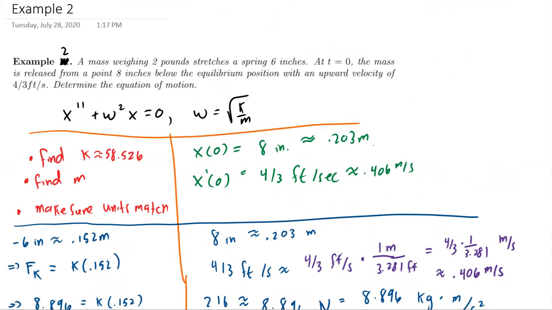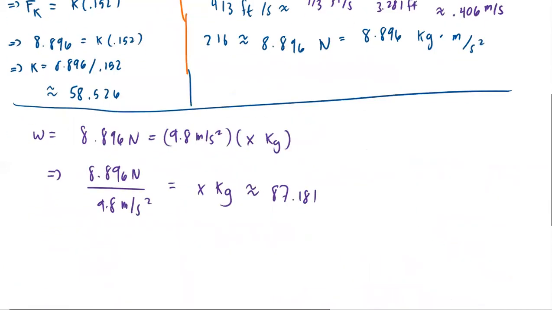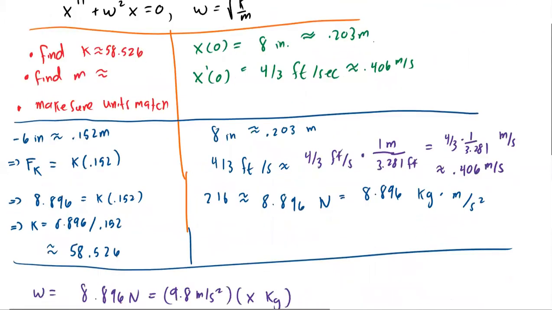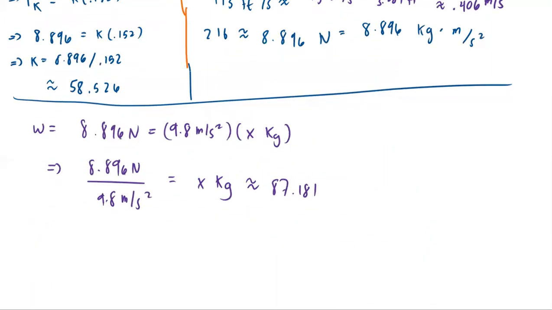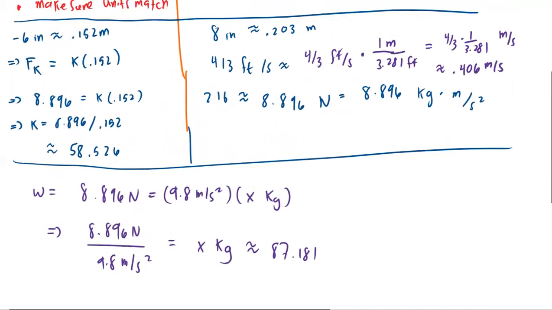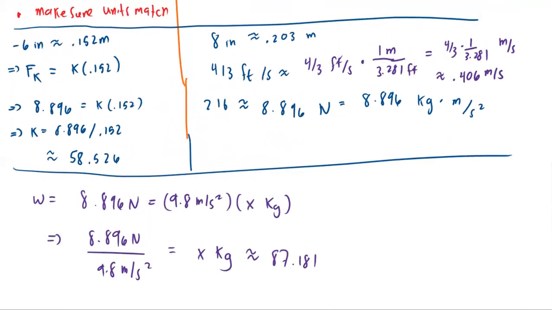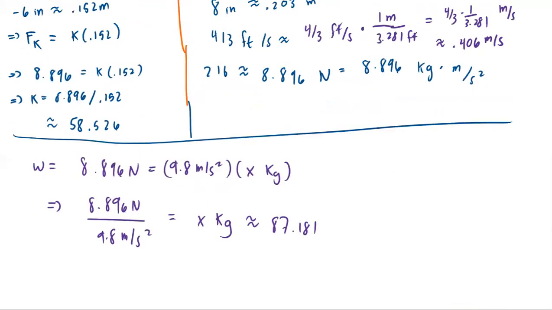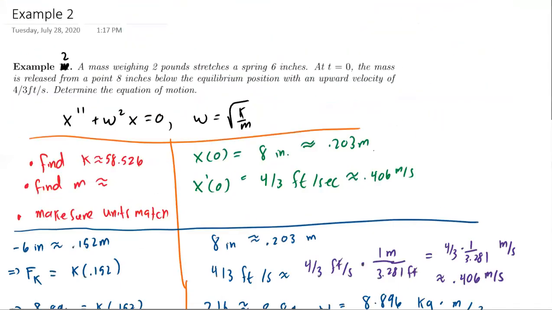I just don't want to use more than 3 decimals. It's really just me trying to simplify what I'm writing, but everything is rational. So we really don't lose any information when we convert to other units, as long as we don't approximate. I did, so I am losing a little bit, but it's going to be close enough. 3 decimal places is pretty good. Then the mass was 87.181 kilograms.